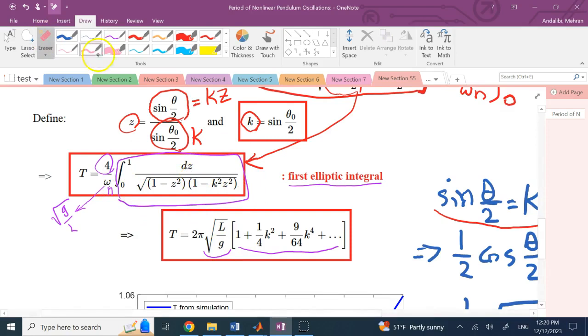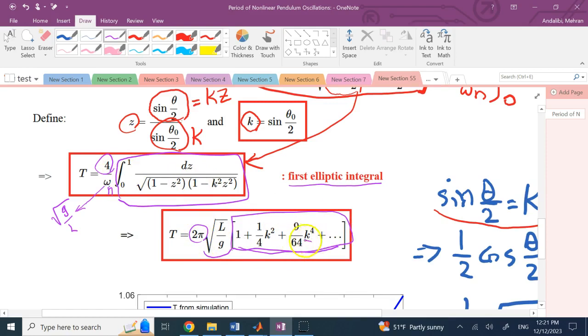There is some constant difference between them because you see your 4 is converted into 2 pi. So 4 times that integral equals 2 pi times this series. Or in other words, that integral equals 2 pi over 4, or pi over 2, times this infinite series.